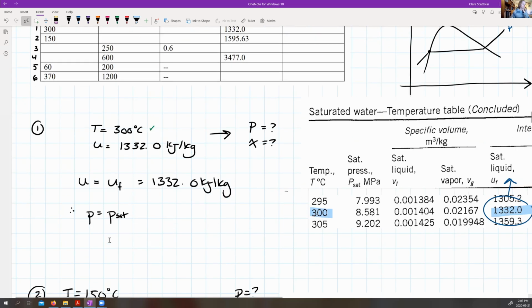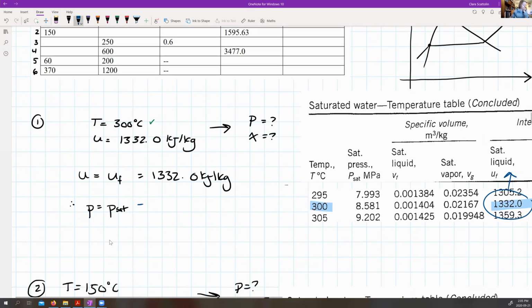So my pressure is my saturated pressure, which is given over here. It's 8.581 MPa. And what phase am I in? That's pretty easy. It's written right in the table. I'm at saturated liquid.